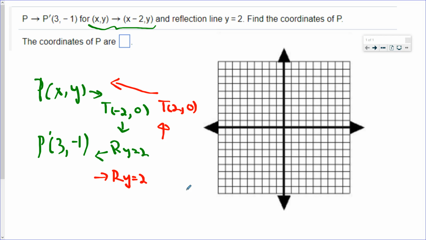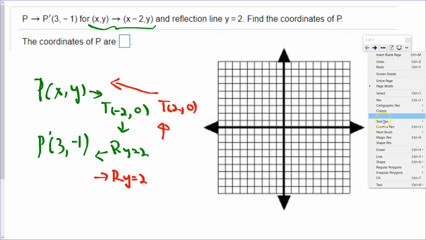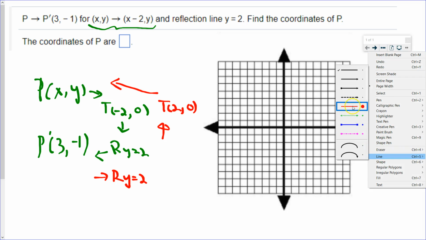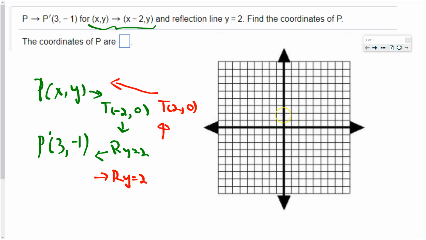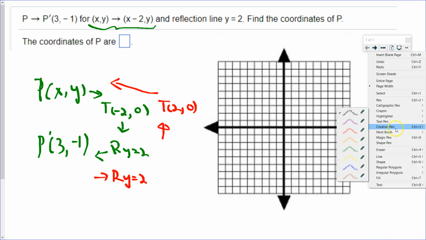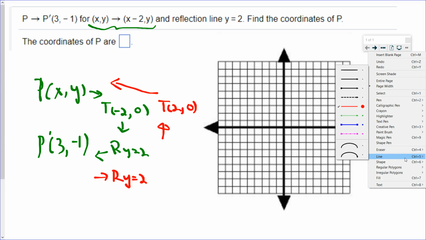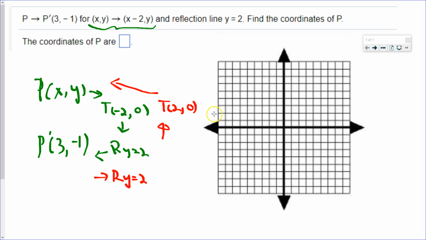So let's just draw that out. I think it's the easiest to draw it out. So we need to have a line of reflection at y is equal to 2. We're just going to draw that line then. Y is equal to 2, so 1, 2, let's just draw it. We're not going to use that. That's very misleading. That line is so thick. Let's just do this.